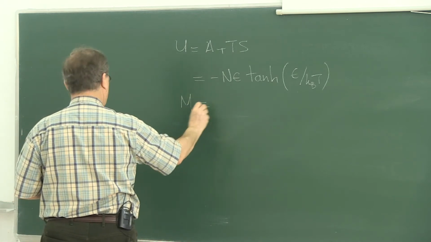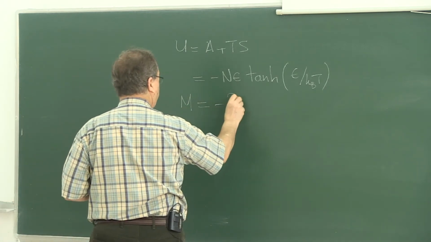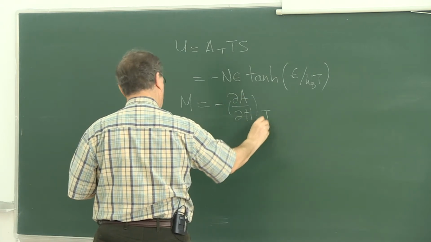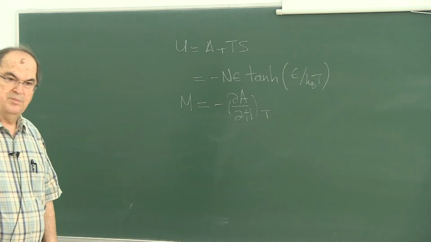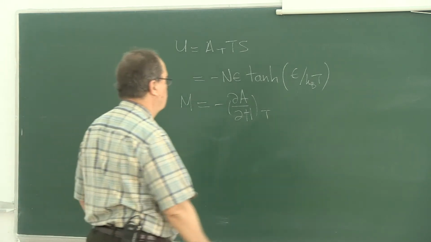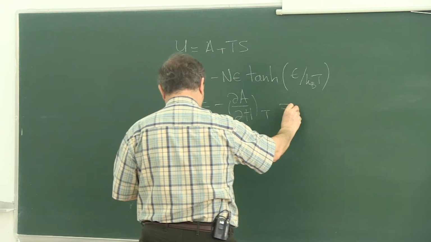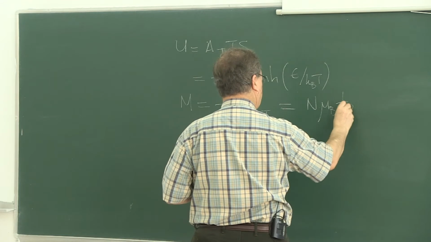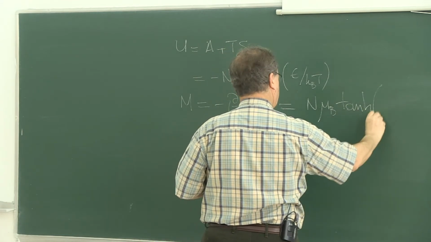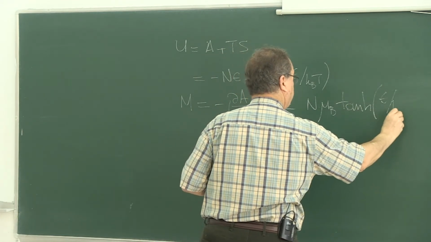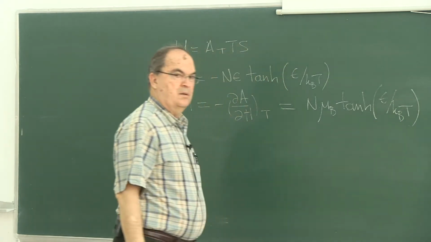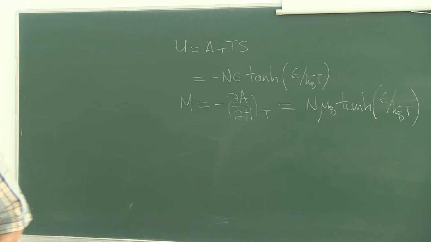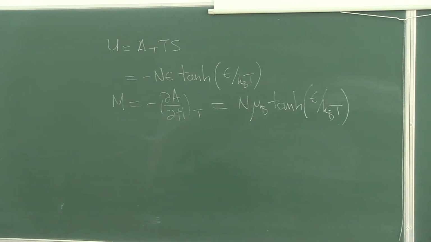Magnetization. That's also a very simple derivative. It comes out to be N mu tanh. Everything is coming up nicely, analytically.